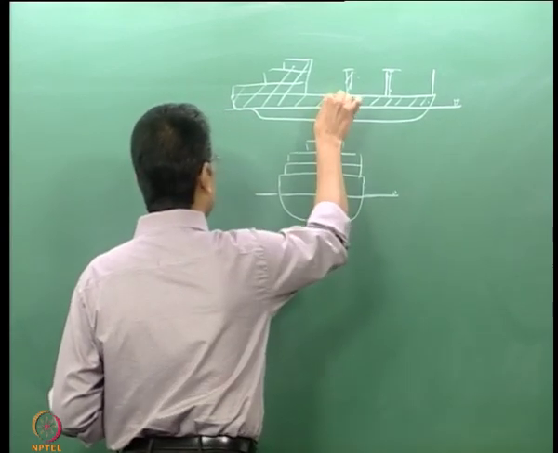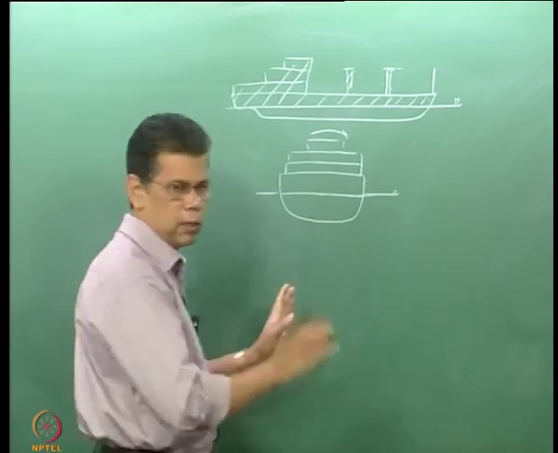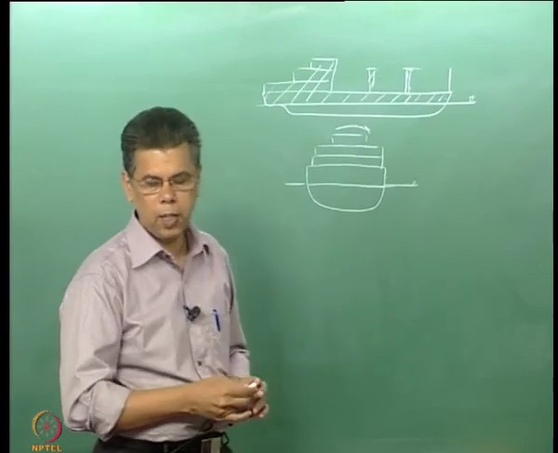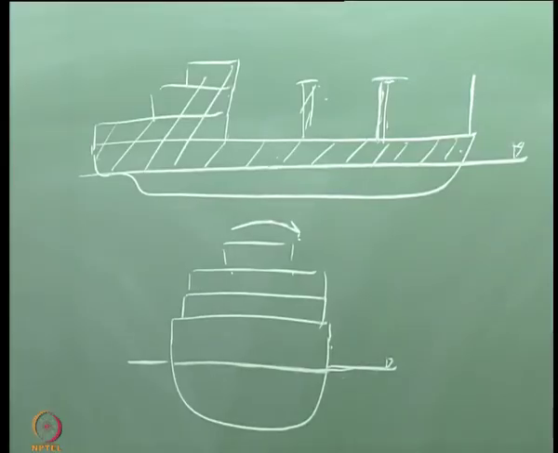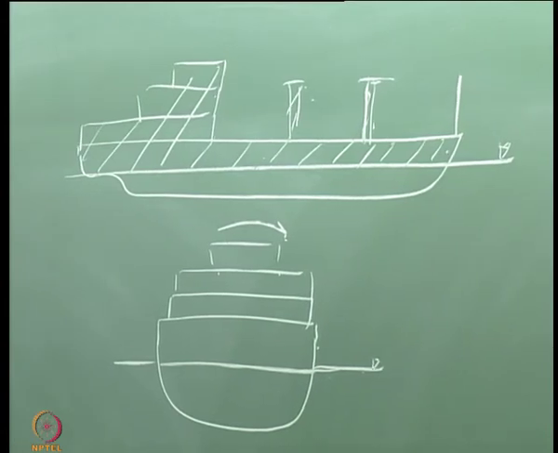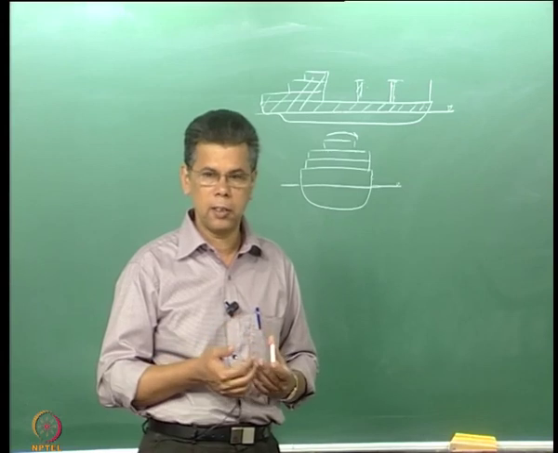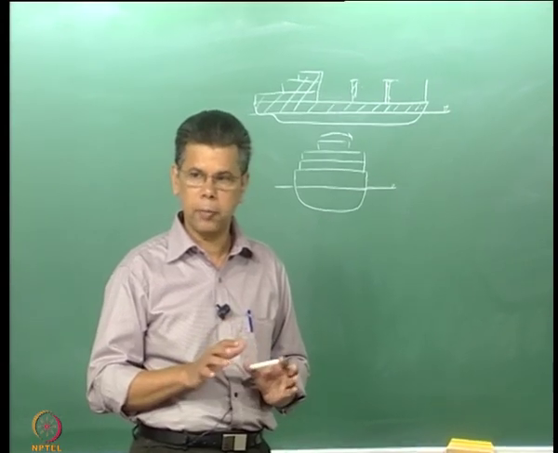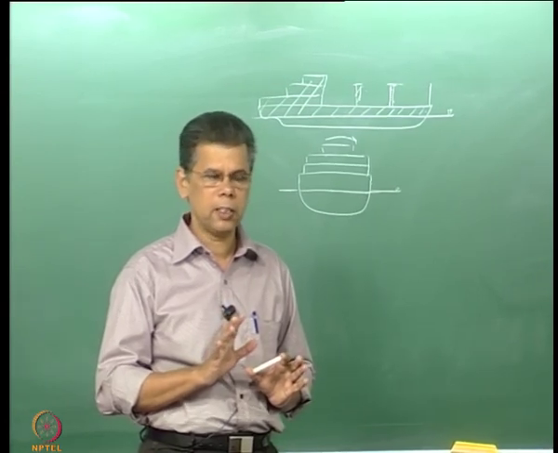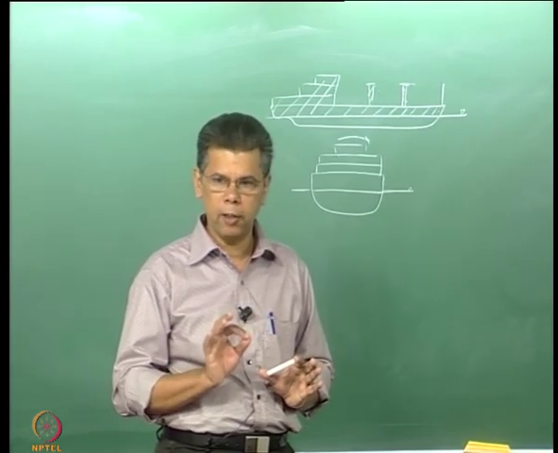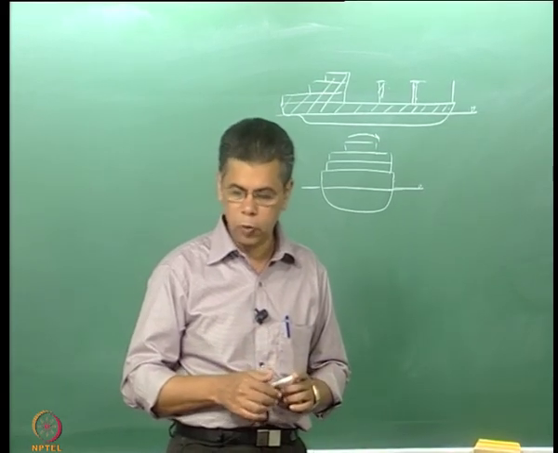If the wind acts from this direction, there is a chance of the ship getting heeled to one side. When the ship is heeled to one side, the hydrodynamic performance of the ship deteriorates. That means the resistance of the ship increases compared with a zero heel condition. The ship will have the least resistance when it has zero heel. So, when it is subject to a heel, the resistance increases.